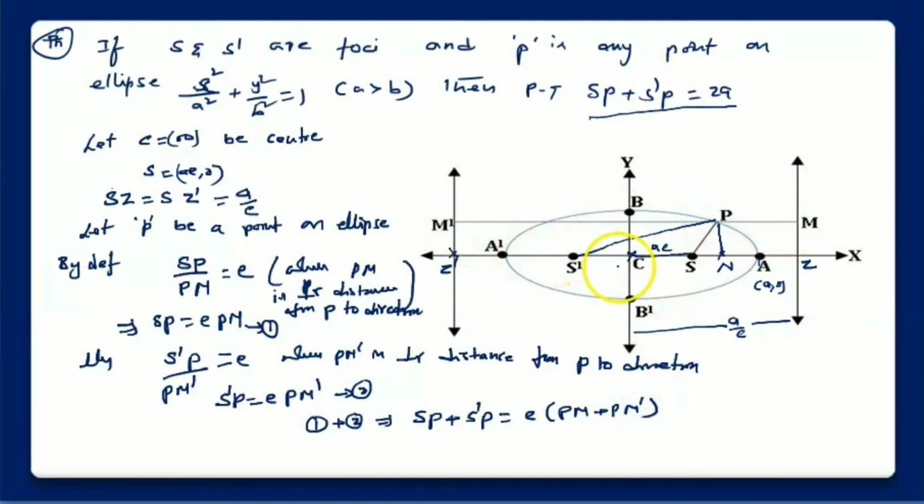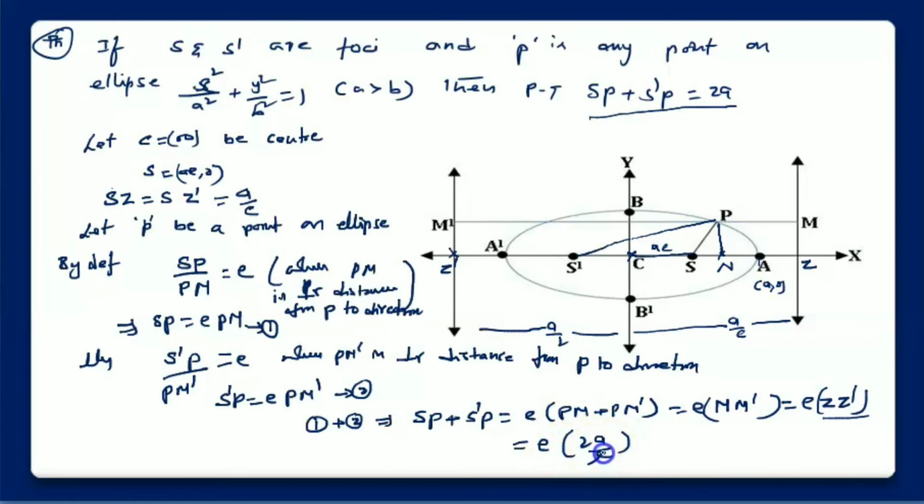PM plus PM dash is nothing but MM dash, and MM dash is nothing but ZZ dash, which is the distance between the directrices. Therefore, e into ZZ dash, where ZZ dash is 2a by e. So this e gets cancelled. Therefore, SP plus S dash P is equal to 2a.